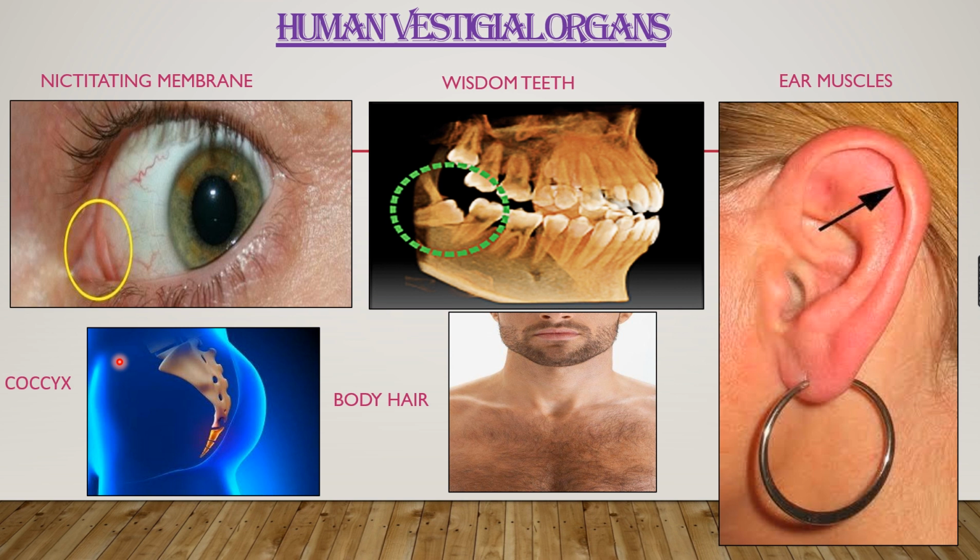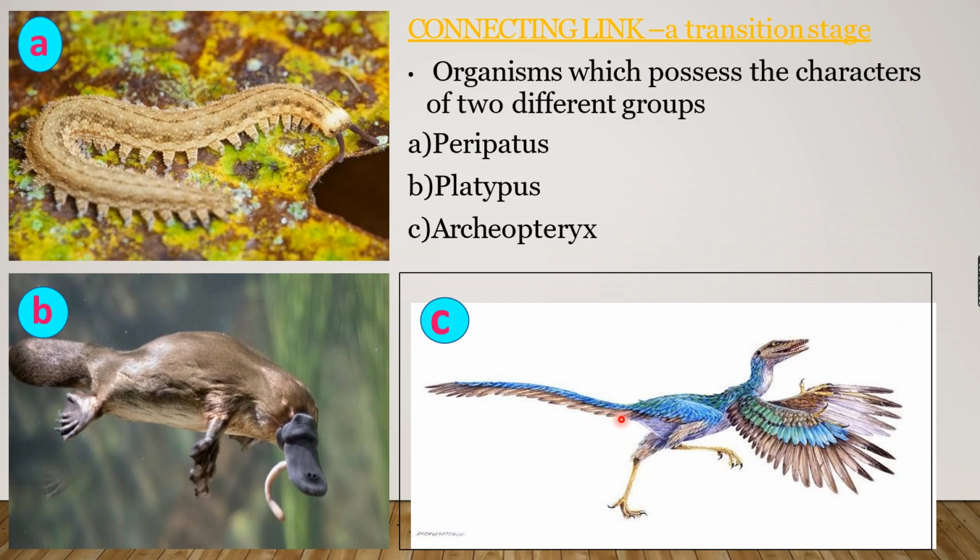They are useless organs, of no use to the possessor, but still present because they were functional in the ancestors and disappeared in the course of evolution due to non-utilization. So the examples I said: human appendix, coccyx, ear muscle, nictitating membrane, wisdom teeth, body hair.